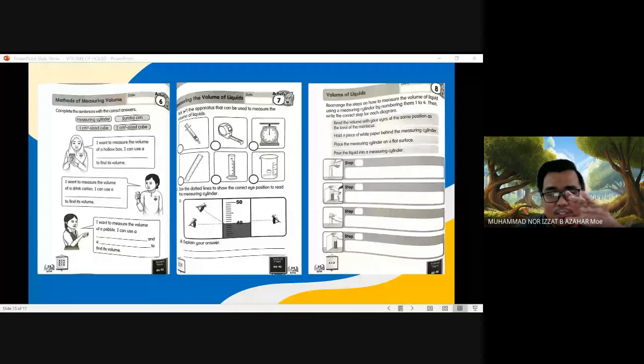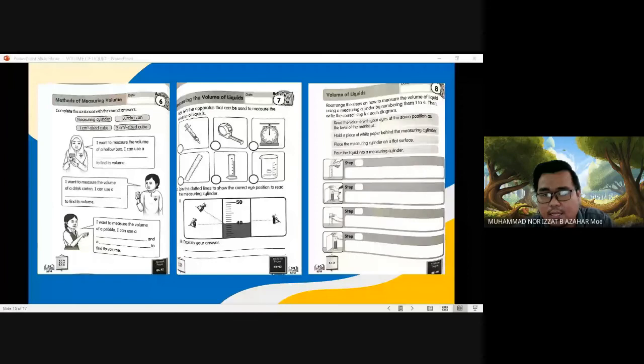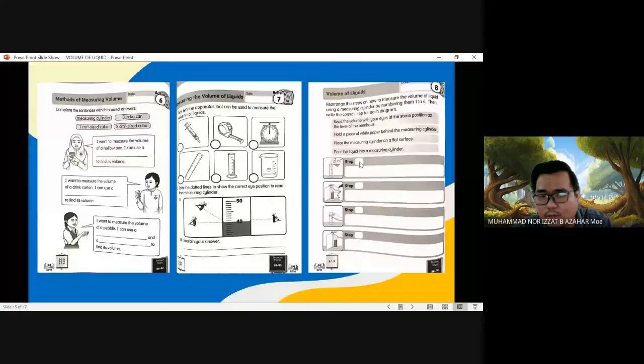If you still remember, we used the book to explain the steps for taking the reading. So number them and fill in the blanks using the answers. For example, this is pour the liquid, so you write here step number 2.